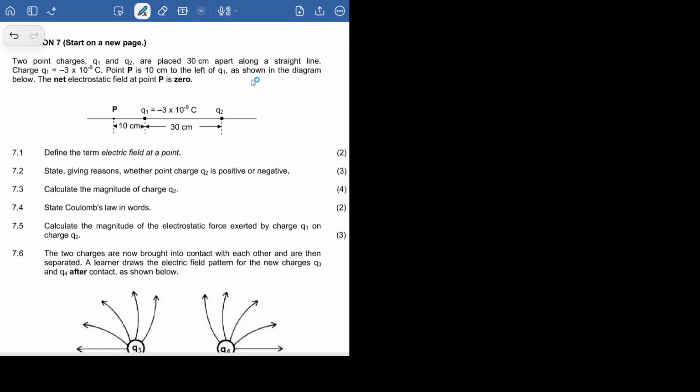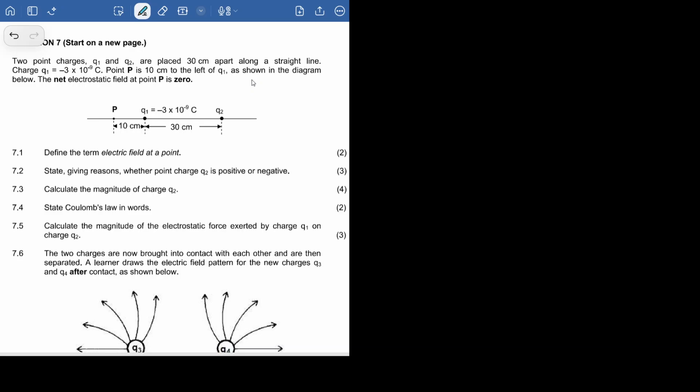Now, how are you going to solve this electric field? The instruction says 2 point charges Q1 and Q2 are placed 30 centimeters apart along a straight line. Now, Q1, that is the value in coulombs.